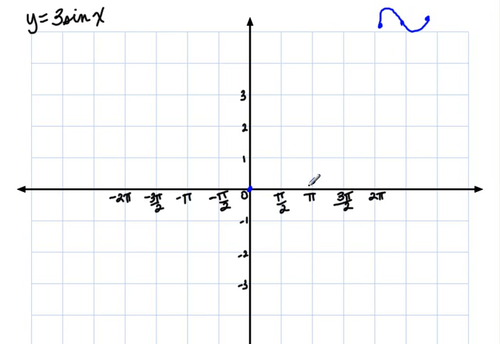So I would suggest you start by plotting just one period and putting in the key points, those key points being the intercepts first, and then think about your maximum and minimum and how they are affected. Normally, sine of pi over 2 is 1, but now we're multiplying it by 3, so we're going to have a point on our graph at pi over 2 that is 3. And at 3 pi over 2, it's normally what? Negative 1, but because of the amplitude change, we're going to have a negative 3 there.